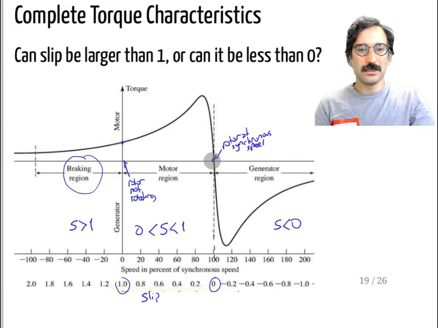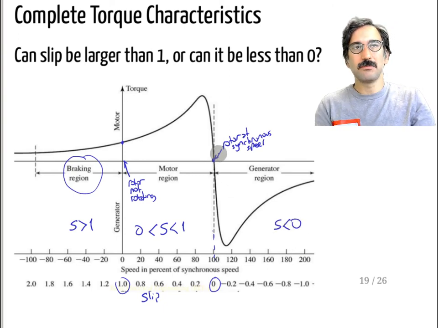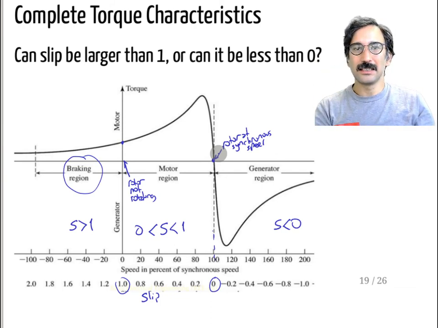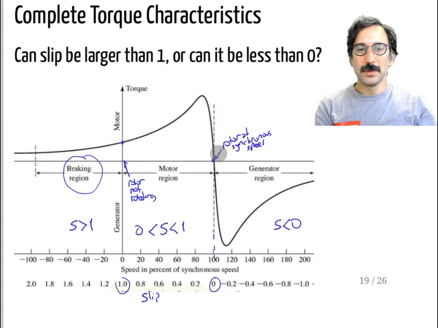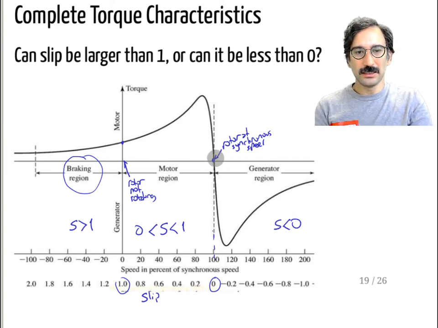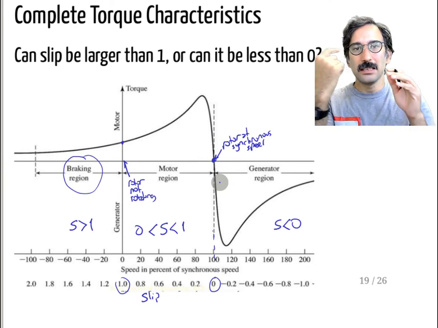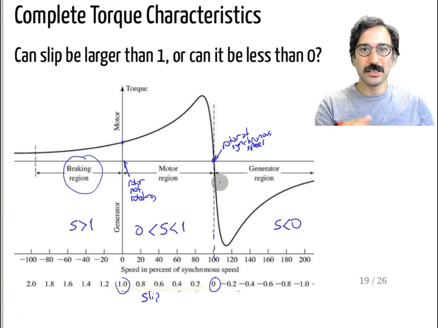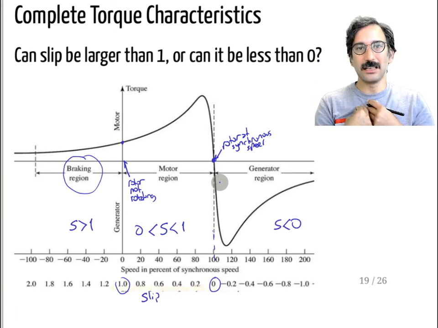So you are at the synchronous speed, your rotor and stator are rotating exactly at the same speed, but you don't generate any torque. If you apply some external driving force, so you are not using mechanical energy but supplying mechanical energy, then you can accelerate your rotor even further.